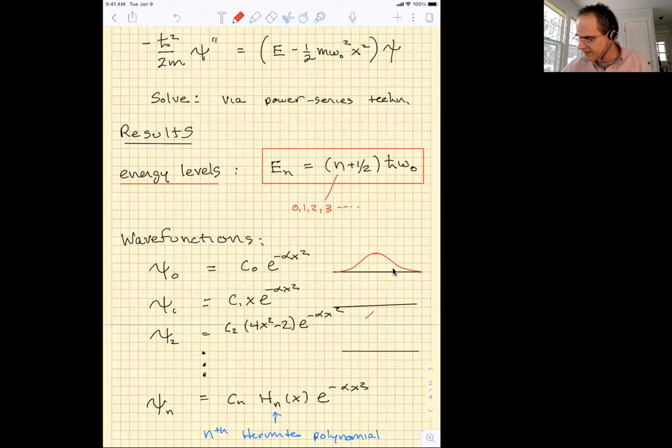The next one is a Gaussian times a linear function. The third one is a Gaussian times a parabolic function. And so on. My drawings aren't so great, but you get the idea. Okay? Perfect. Here, let's stop here for a moment.